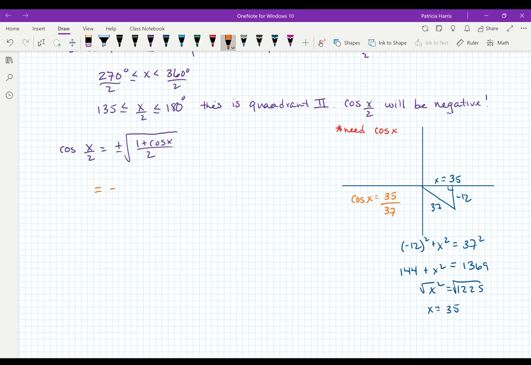Okay, again, we know we're going to be negative because x over 2 is in that quadrant 2. Finding your common denominator, again, I hope you're noticing that most of this is simplifying. So go slow.